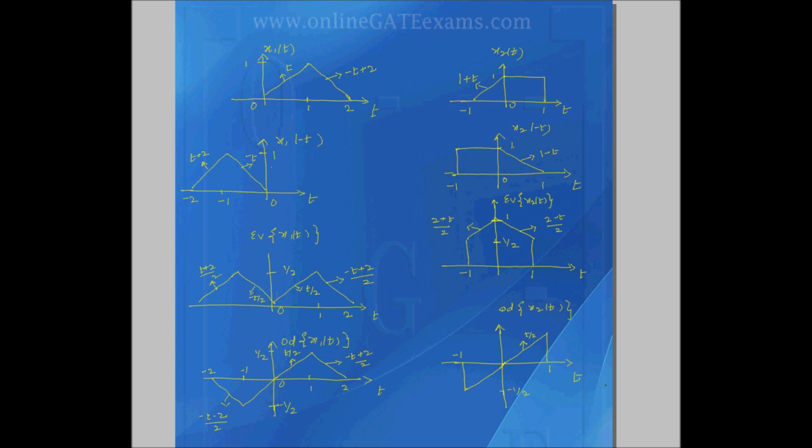This is the way you plot the even and odd parts of a signal. Now let us proceed to the discrete time case. Let us try to do the same thing for the discrete time case, on a fresh page.